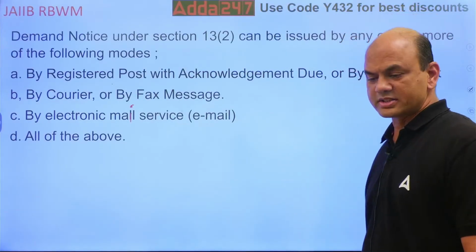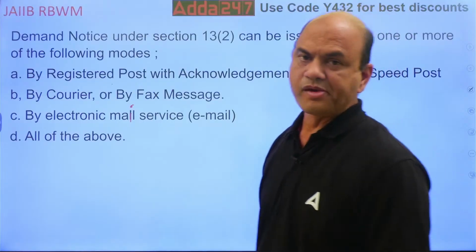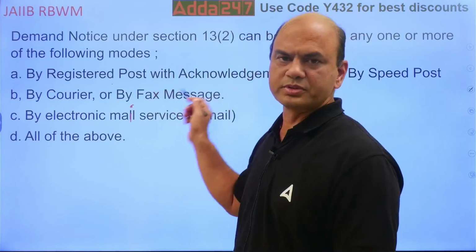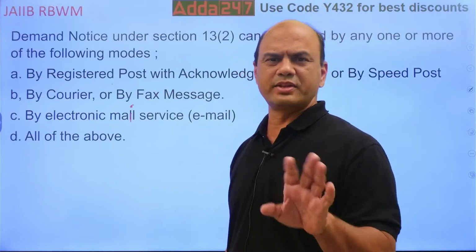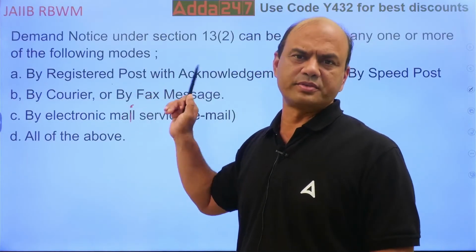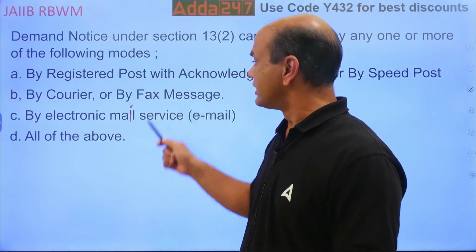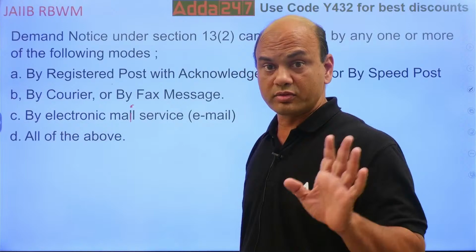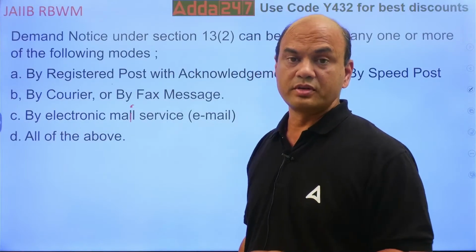So demand notice can be issued by how? Now see here, generally we follow the first one, registered post. All of you will agree with this. Many of you will not agree with courier. Courier not allowed, we send by registered post.